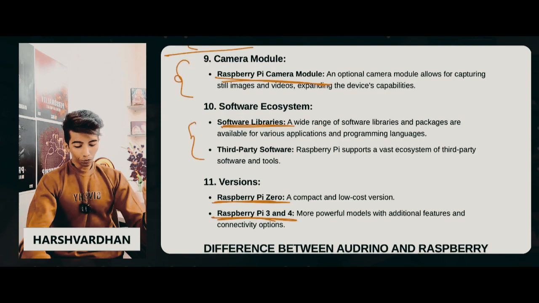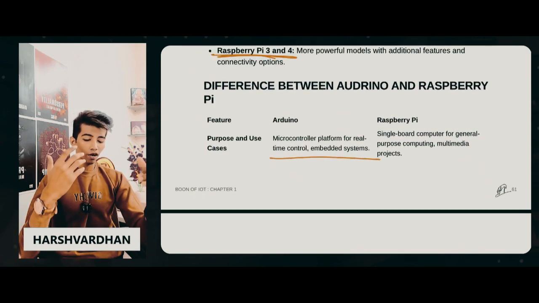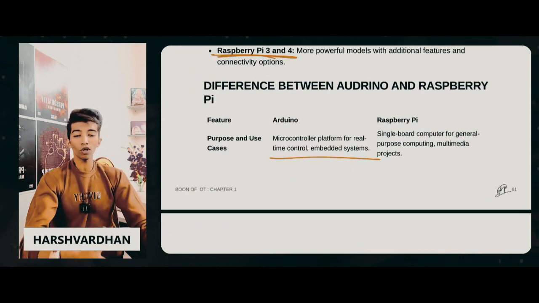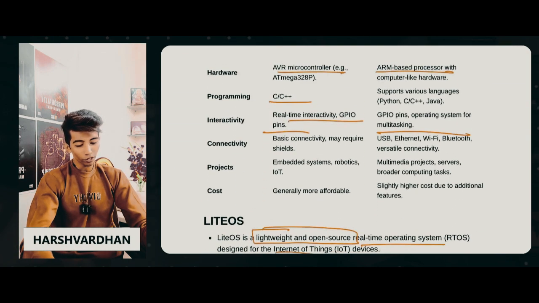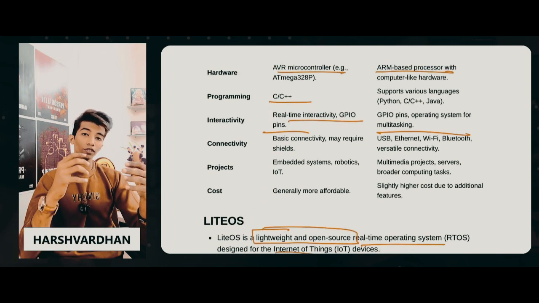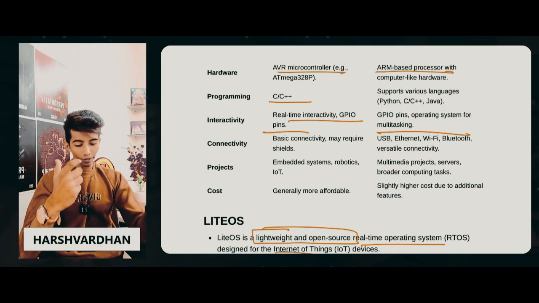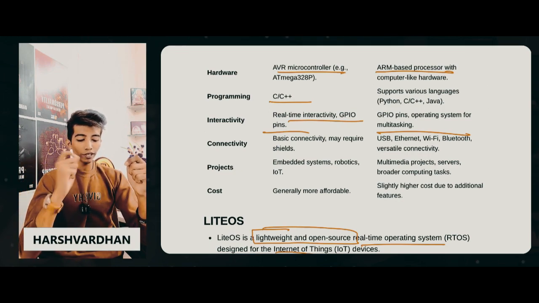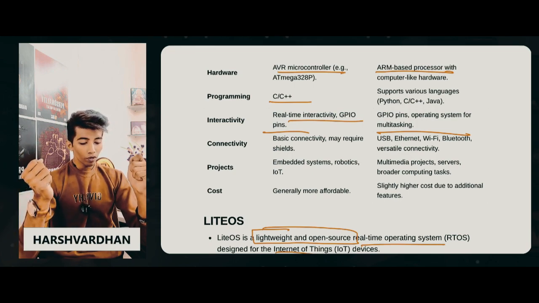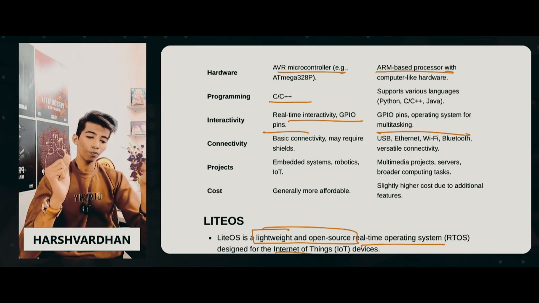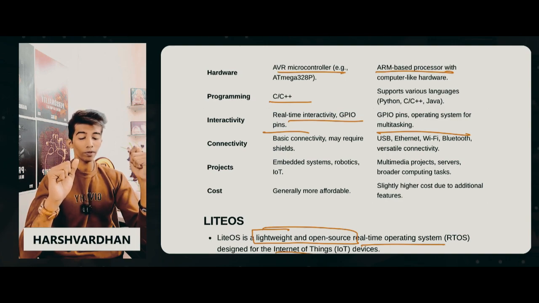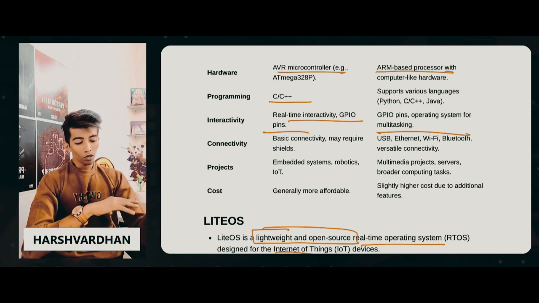And what are the differences between Arduino and Raspberry Pi? I talked about this earlier also. It's an important difference. When it comes to programming, Raspberry Pi works on Python, whereas Arduino works on C, embedded C, right? Real-time interactivity is there in Arduino, whereas GPIO pins and operating systems are in Raspberry Pi for multitasking.